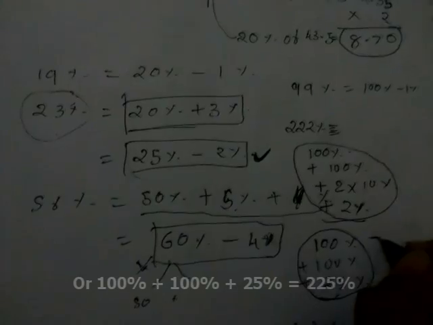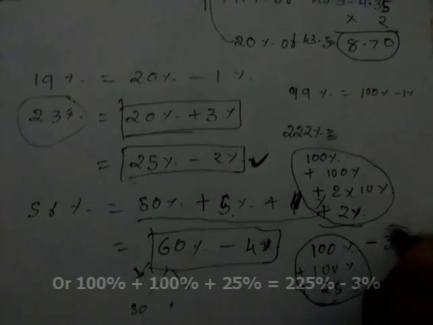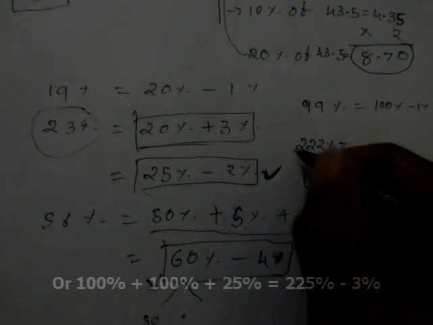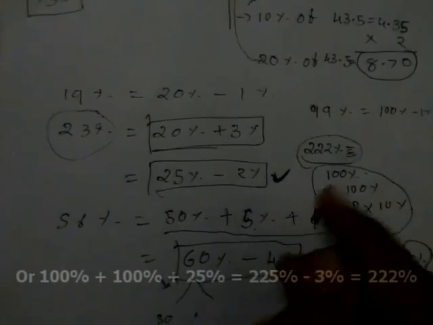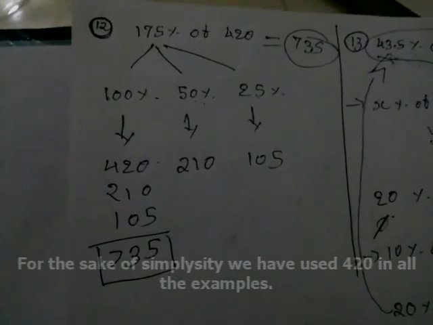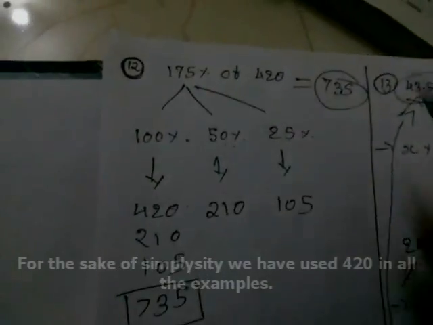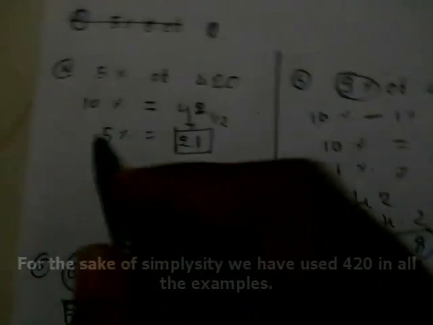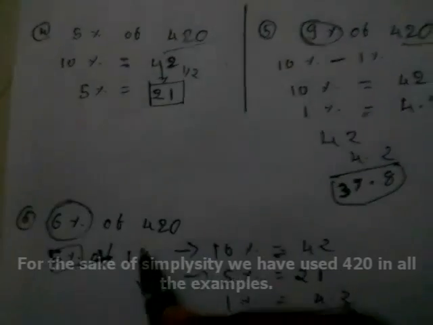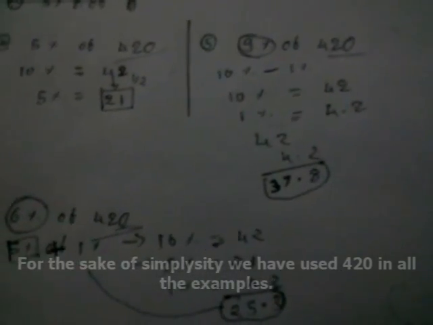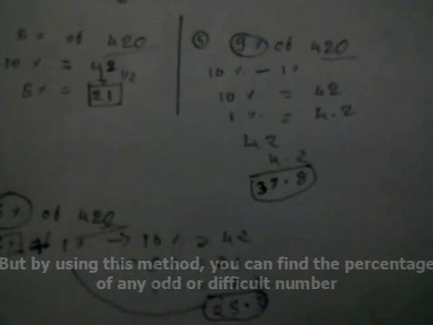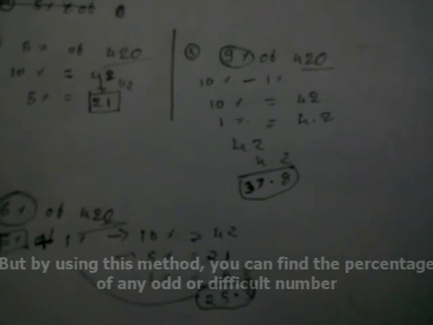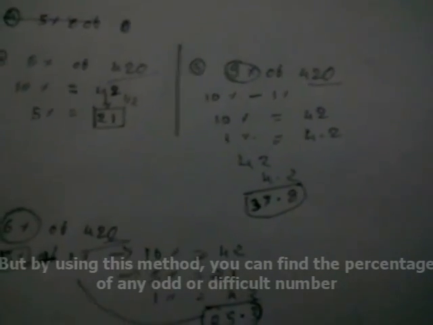After finding 225%, just remove the 3% of the number. You will find 222%. For the sake of simplicity, we have used 420 in all the examples. But by using this method, you can find percentage of any odd or difficult number.